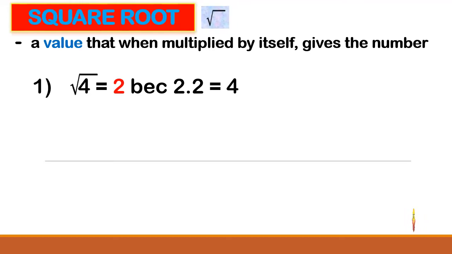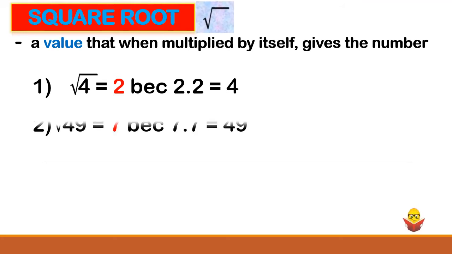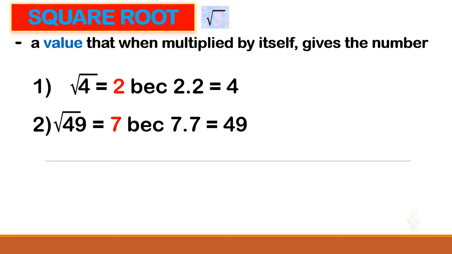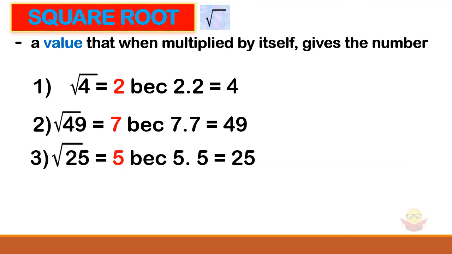So, the answer is 2 because 2 times 2 is equal to 4. Another example is the square root of 49. The answer is 7 because 7 times 7 is equal to 49. Another example is to get the square root of 25. The answer is 5 because 5 times 5 is equal to 25.